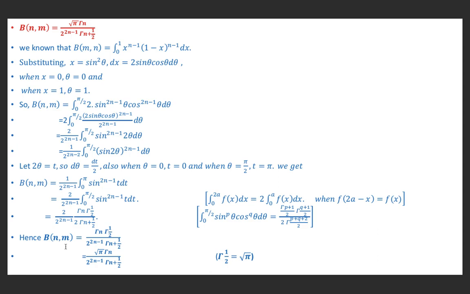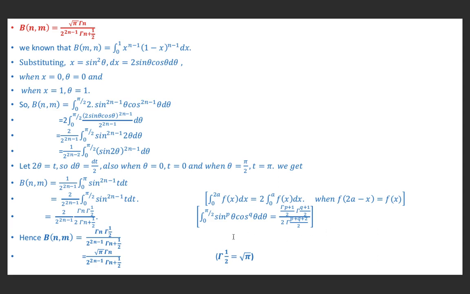So beta(m, n) is equal to, this 2 and 2 will cancel out, 1 upon 2 raised to n minus 1, gamma n, gamma half upon gamma n plus half. With gamma half being under root pi, this is under root pi gamma n upon 2 raised to 2n minus 1 gamma n plus half. So remember these formulas.